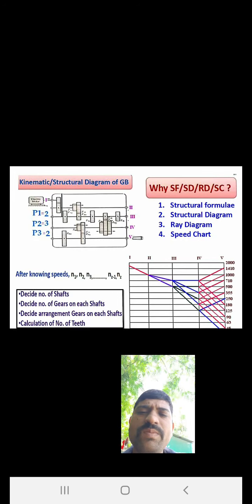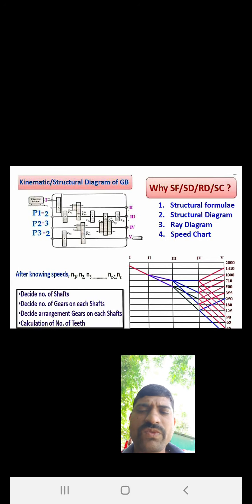See, here is P1 in between the first shaft and second shaft. On the first shaft there is one gear connected, and these gears are used for speed reduction. Here I have drawn one vertical line.